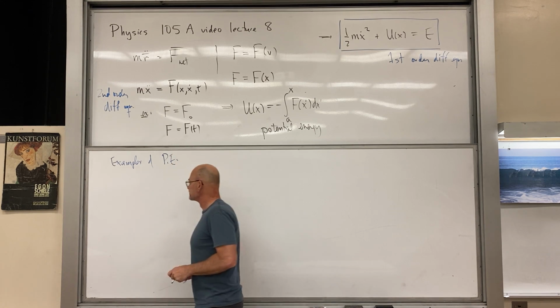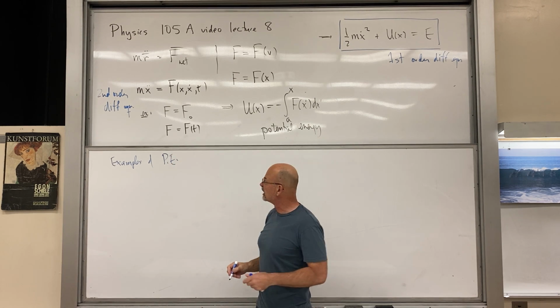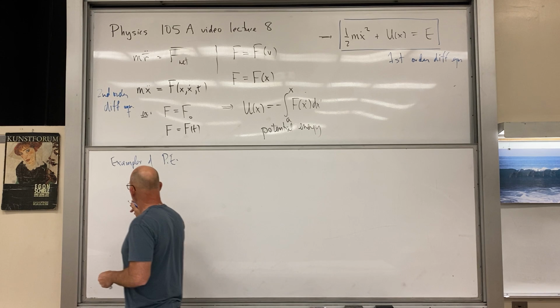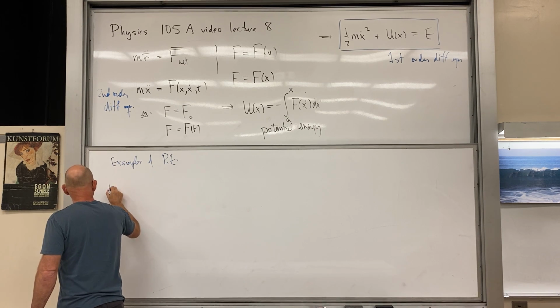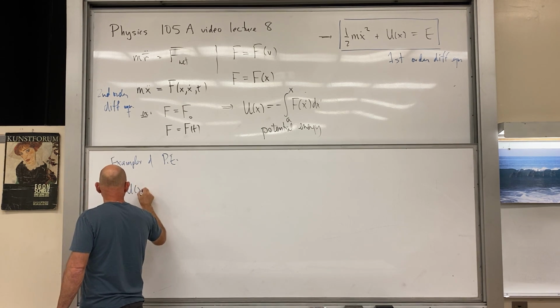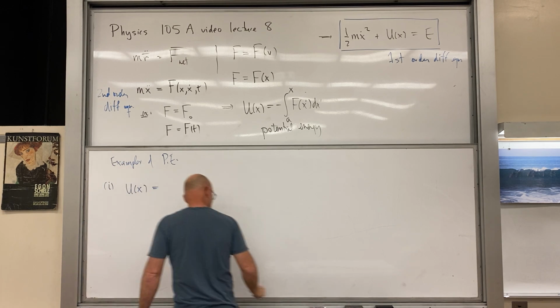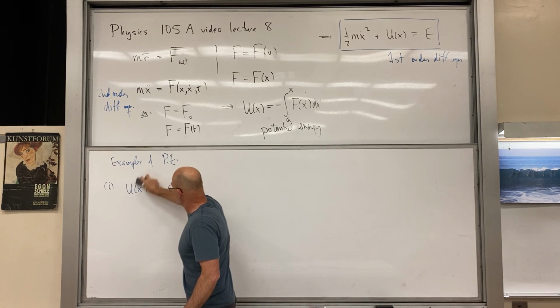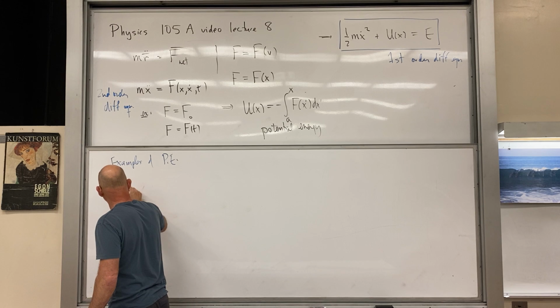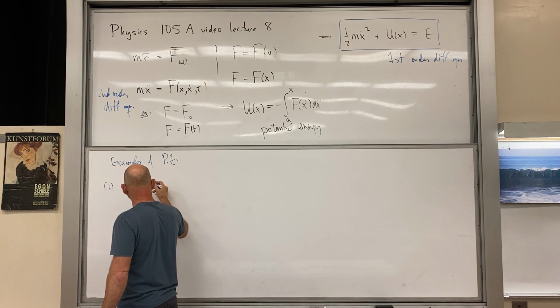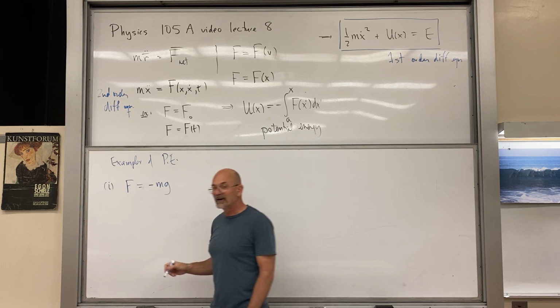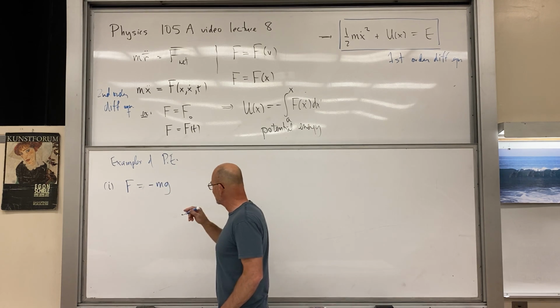Potential energy. Well, we'll start with our constant force example. So first one, we'll just say U of x is equal, in fact, sorry. Start with the force. So F is equal to minus mg, because that'll be our free fall example we'd like to come back to.